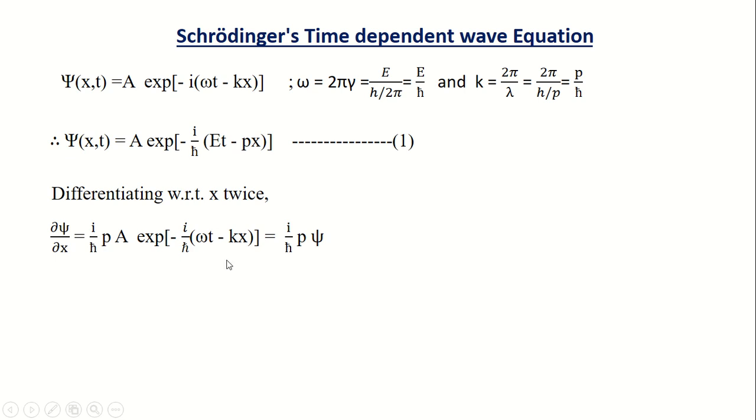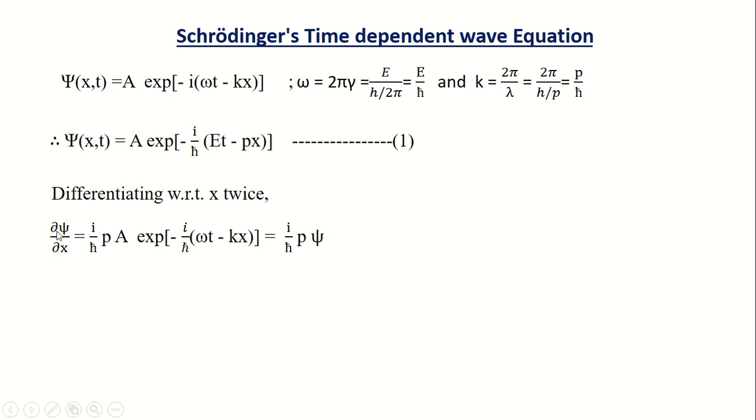The a into exponential term will remain as it is, but this a into exponential term is nothing but psi itself, and therefore we can write dou psi by dou x is equal to i by h cross p into psi. Here we have taken dou, since this is a continuous wave function, and therefore we have taken partial differentiation.